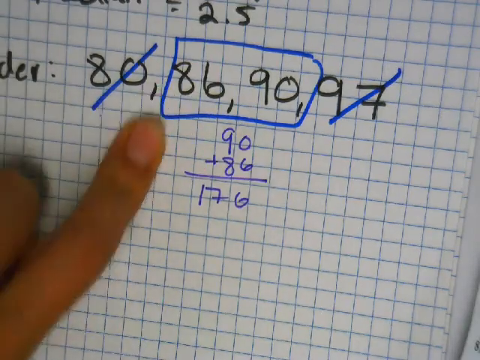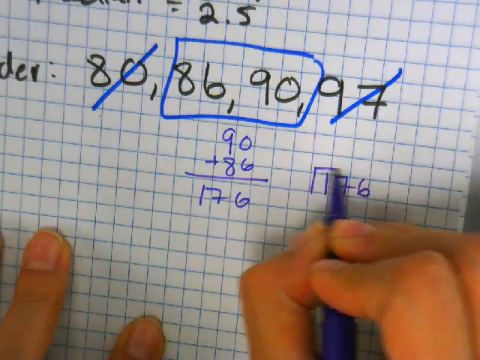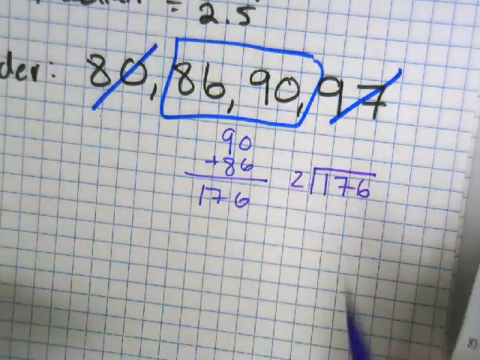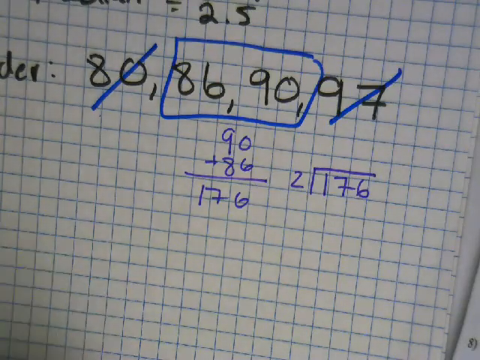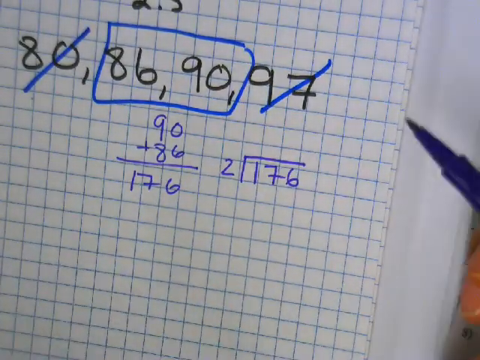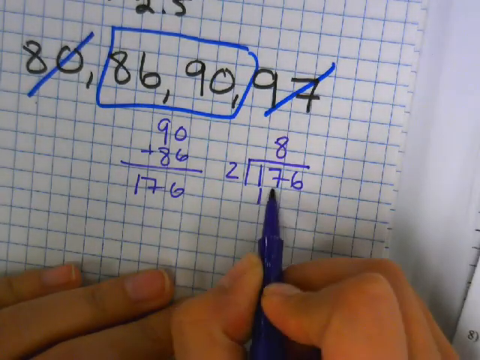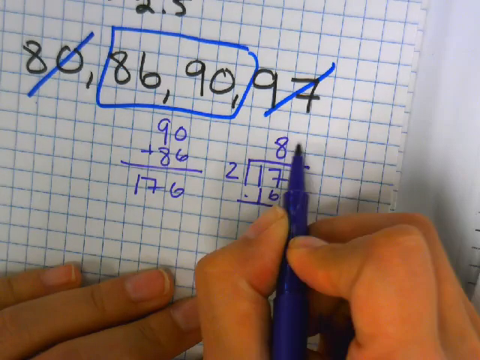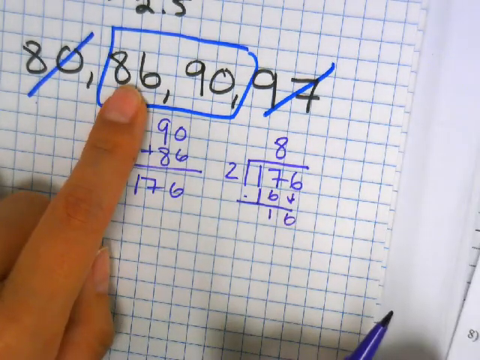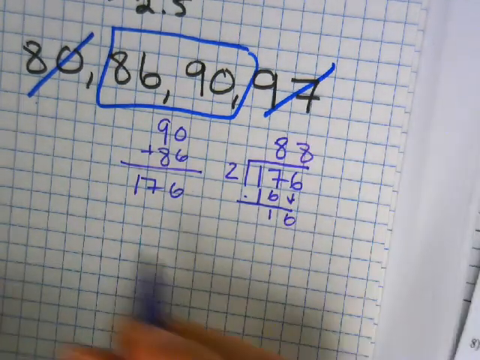No. I have to divide by 2, because how many numbers did you add? 2. So you're going to divide by 2. That seems like too much work. It does. I got 83. Is 83 between these 2 numbers?